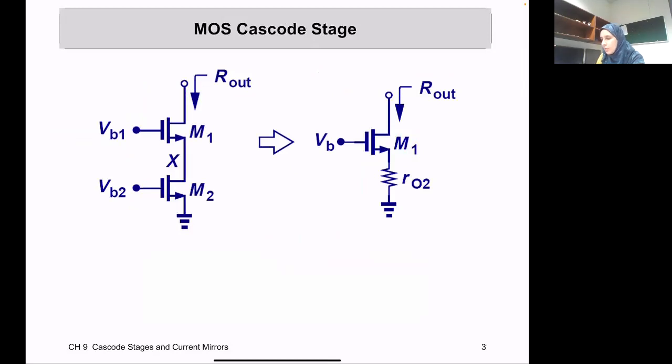Now what about if we replace the RS with another transistor that's acting as a current source? So RS will be replaced with R out 2 of that transistor M2. Why R out? We are connecting M2 from its drain side.